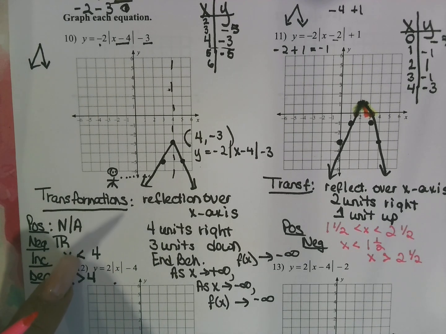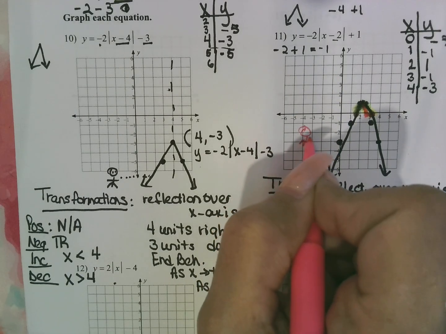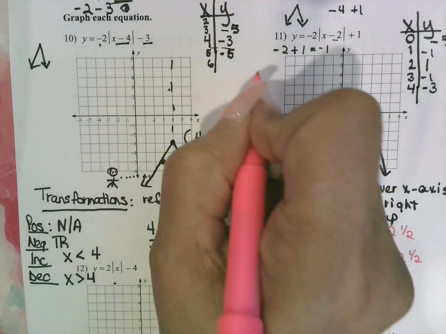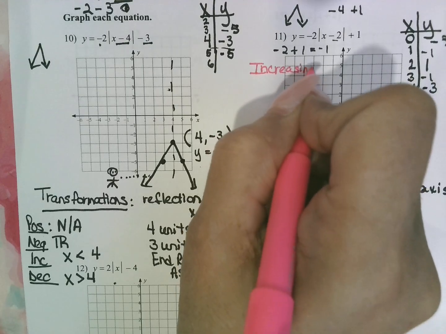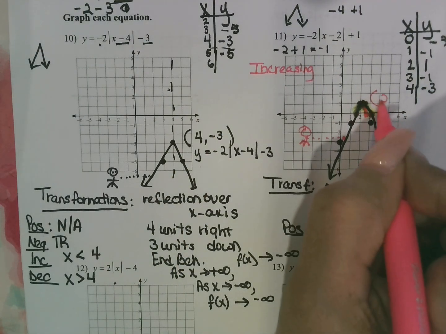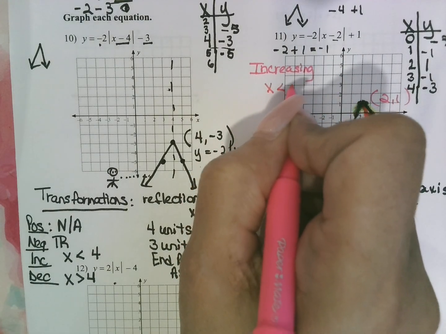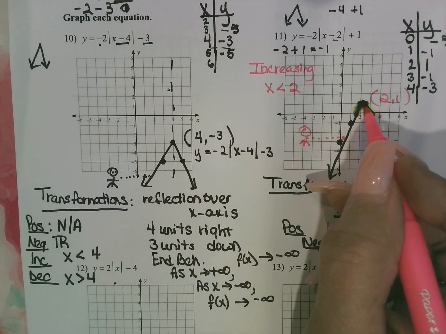And now we need increasing and decreasing. So here's the little guy. As he's walking towards a function, he's going to go up. So it is increasing until it reaches the vertex, and the vertex is at 2, 1. So it is increasing when x is less than 2, right? Everything here, it's increasing, increasing, increasing.